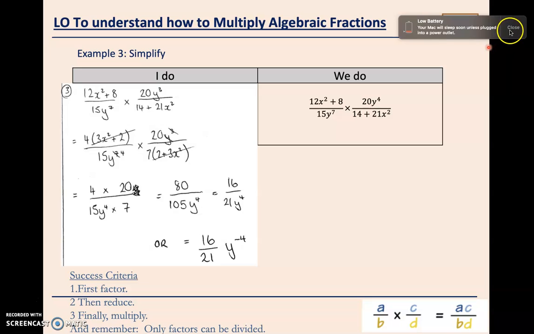Now, as I said earlier, what we can do is we can also write this as 16 over 21, so that's our fraction here, times by y to the negative 4. Because negative in our power just means the reciprocal, just means it would go on the bottom of the fraction. So if you can pause the video now and give the we do a go for 2 minutes.